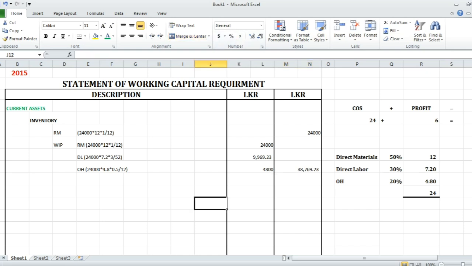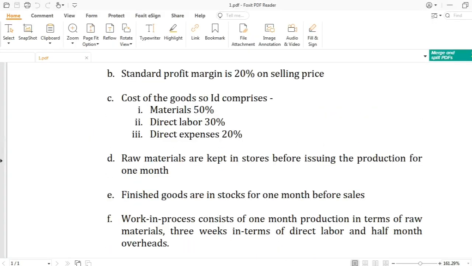Finished goods. Raw material: 24,000 units production into 12 rupees cost per raw material into, as per the question, finished goods are in stock for 1 month before sales.